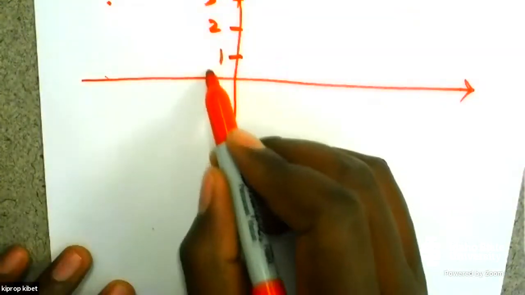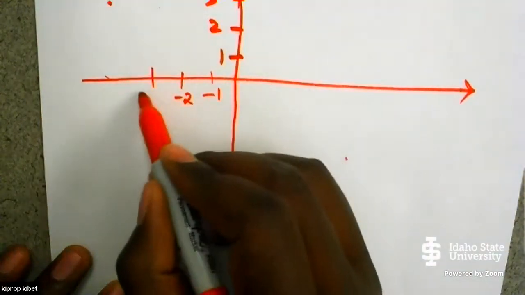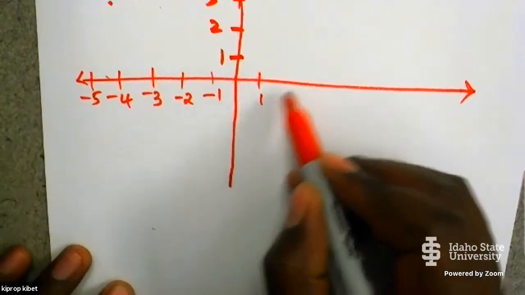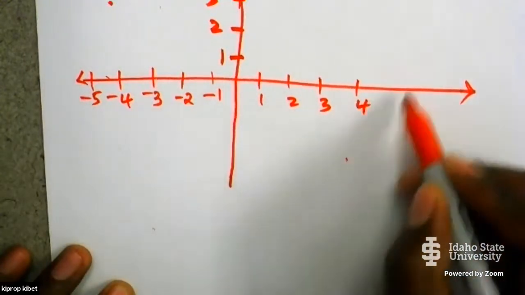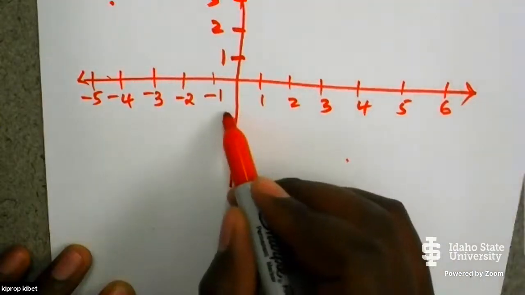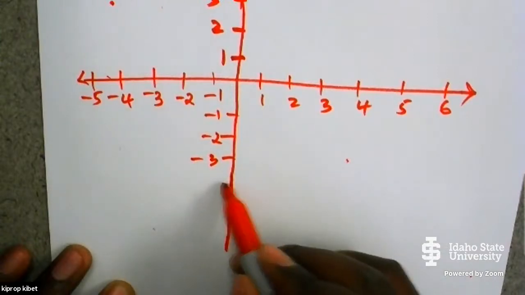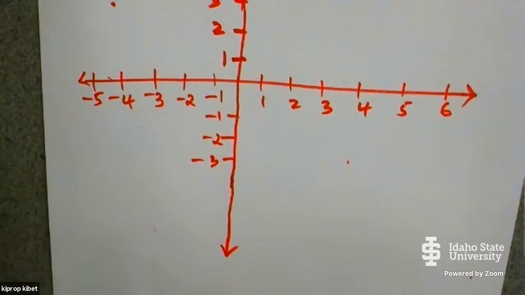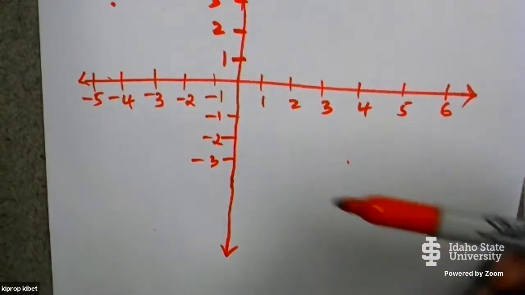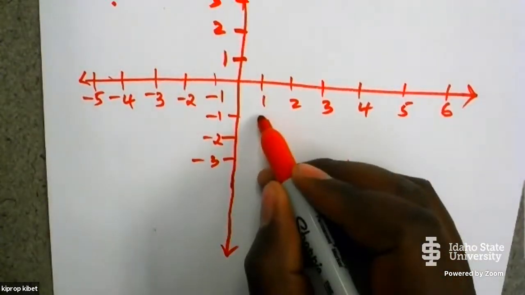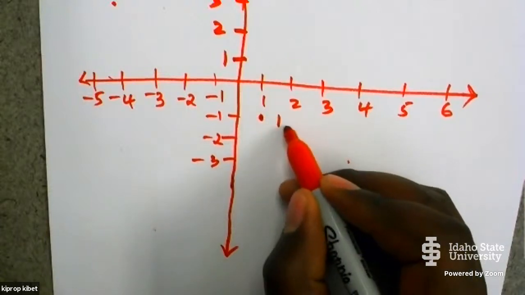Okay, so -1, -2, -3, -4, -5. Okay, so our first point is 1, -1. So 1, which is x, and then -1 is somewhere here. So this is the point.